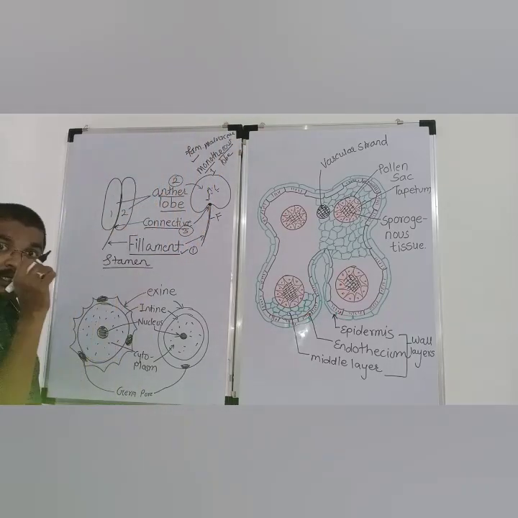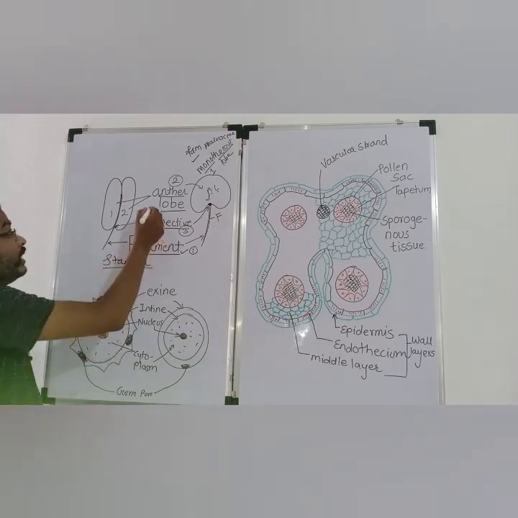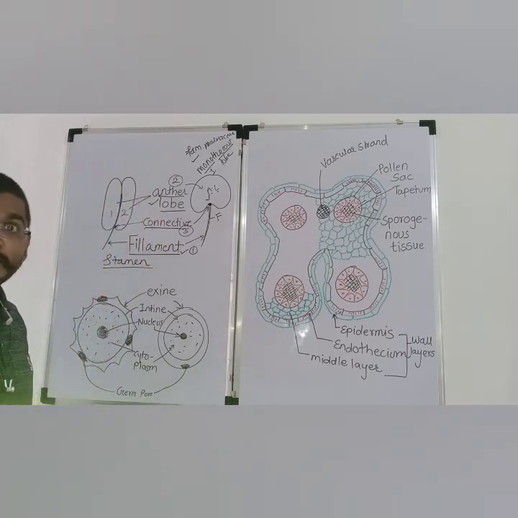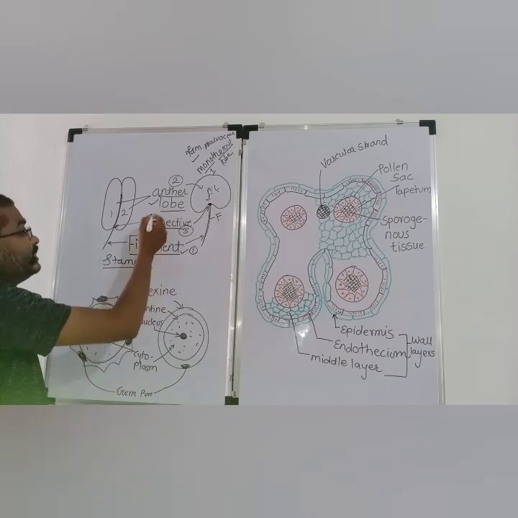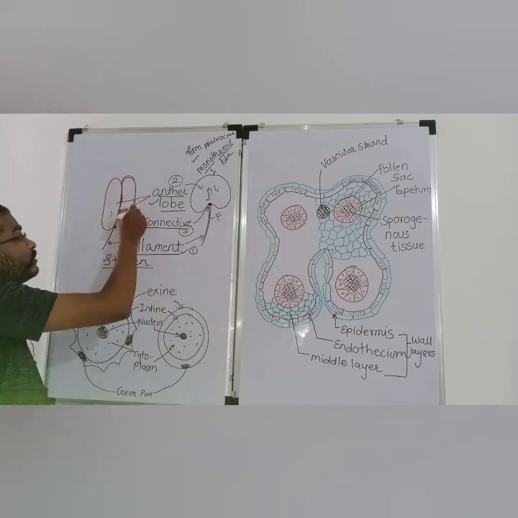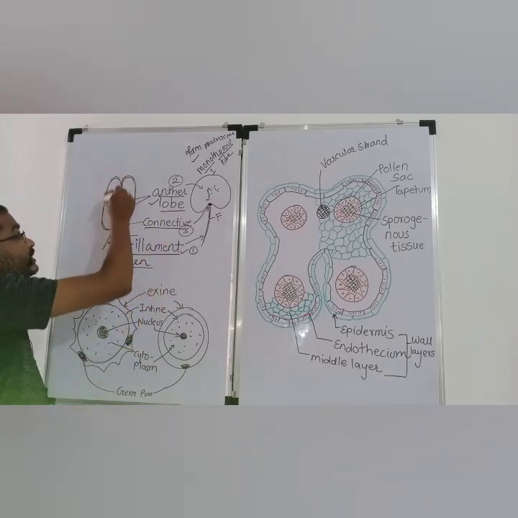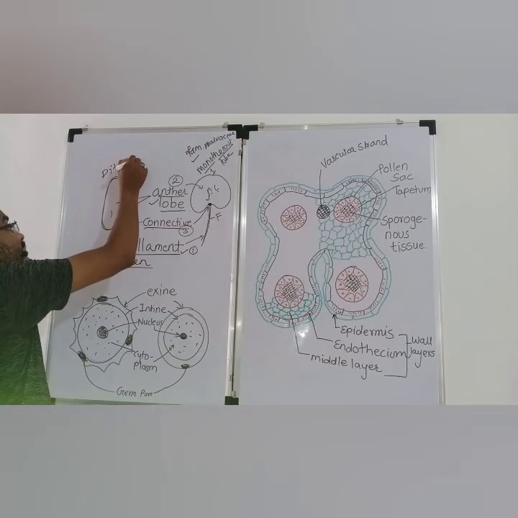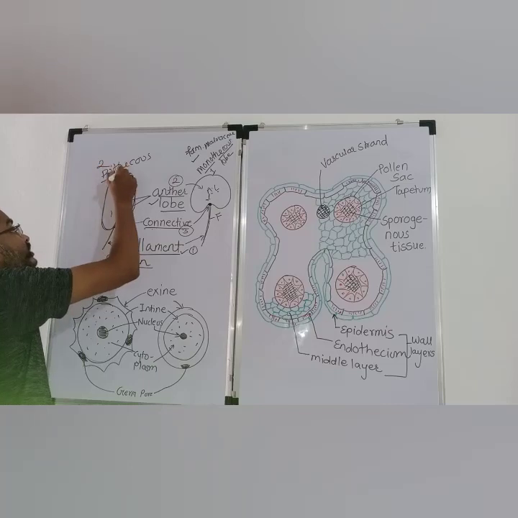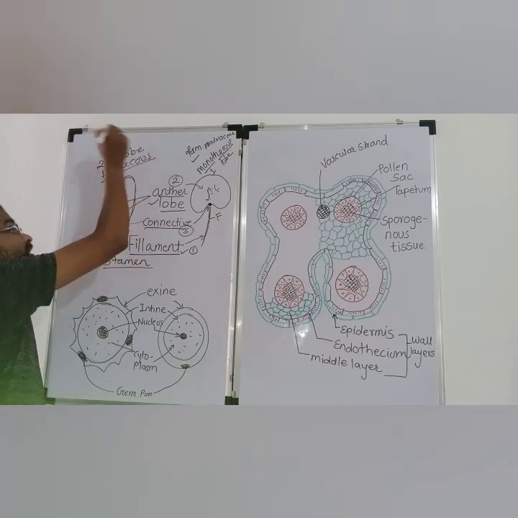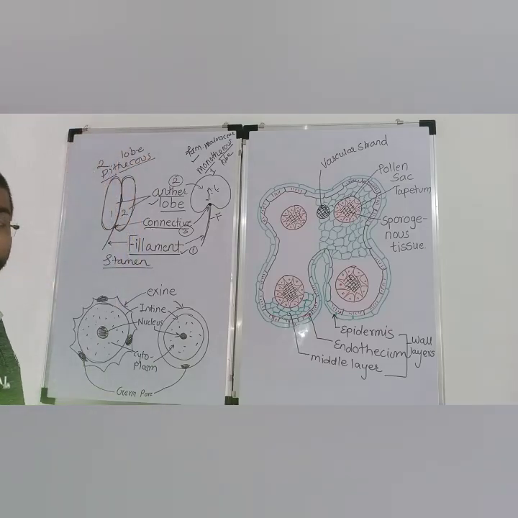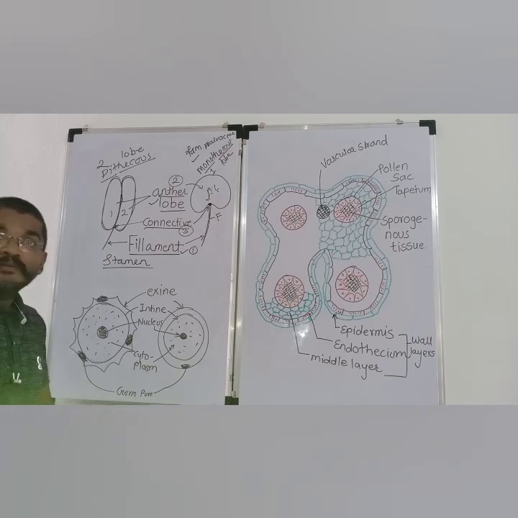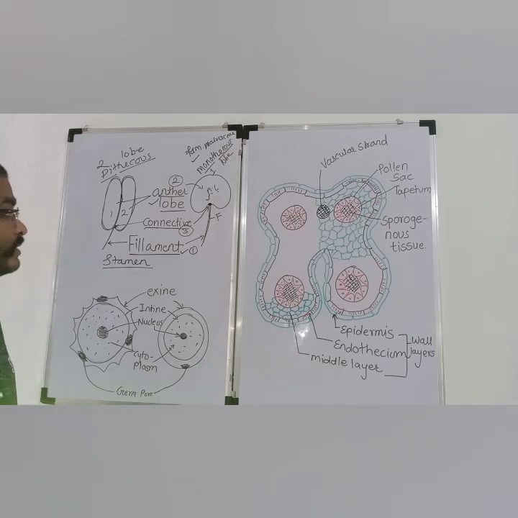Now in the second type of stamen, if the anther consists of 2 yellow or brown colored sac-like structures, then such a stamen is called a dithecous stamen. Di means 2, theca means lobe. Dithecous stamen is seen in the majority of angiospermic families.